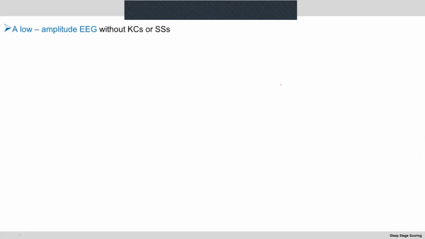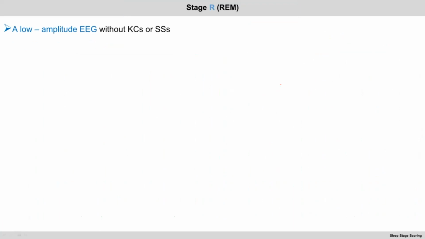Now, low amplitude EEG activity without K complexes or spindle activity. In case of REM sleep, low amplitude EEG activity is present, but there are no K complexes and spindles, and rapid eye movements are present.